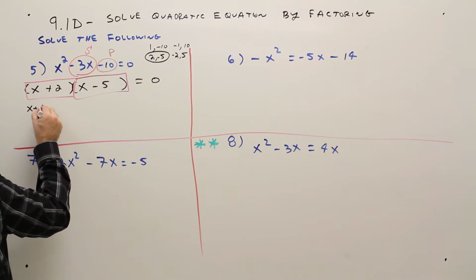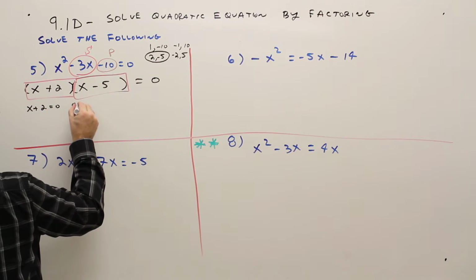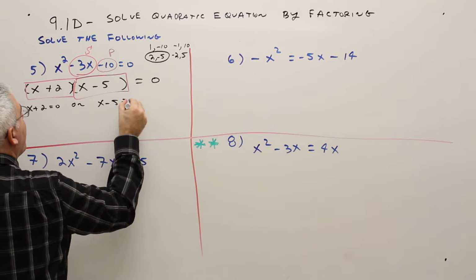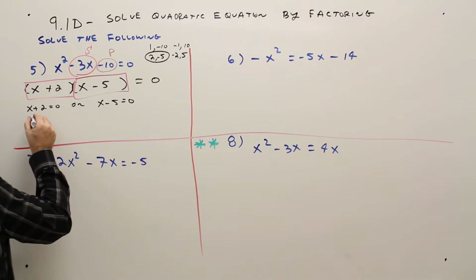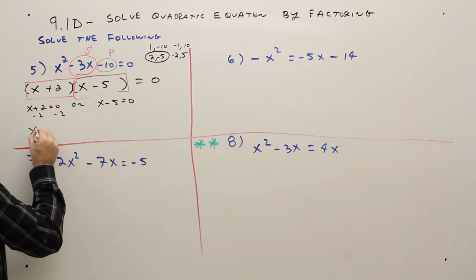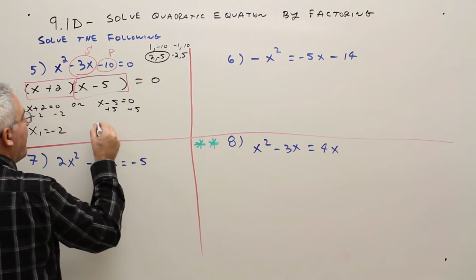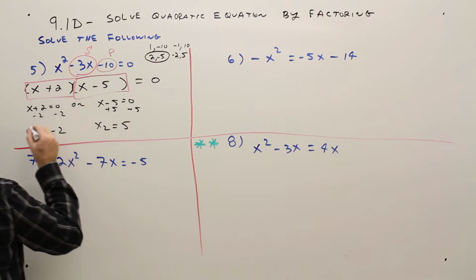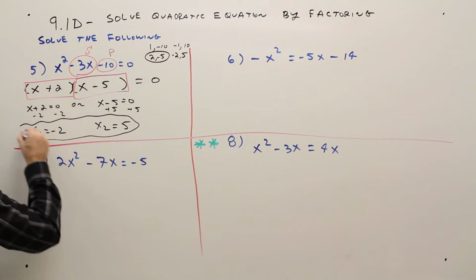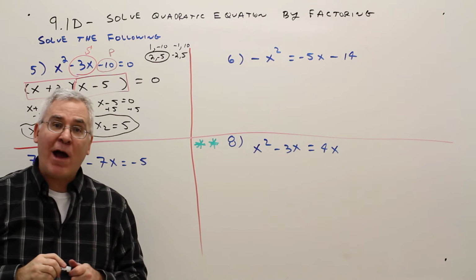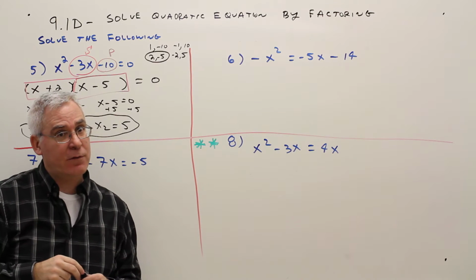So x plus 2 equals 0, or x minus 5 equals 0. So x sub 1 equals negative 2, x sub 2 equals 5. Once again, all quadratics have two solutions.